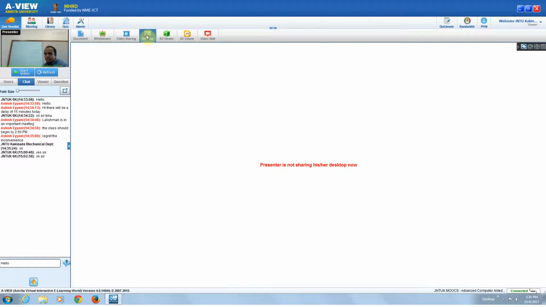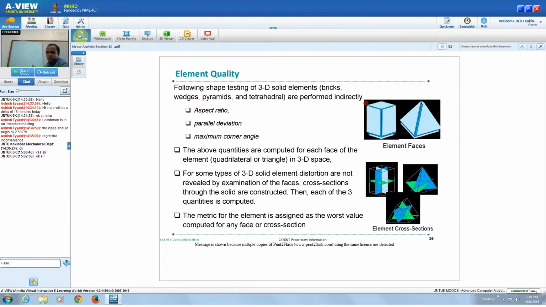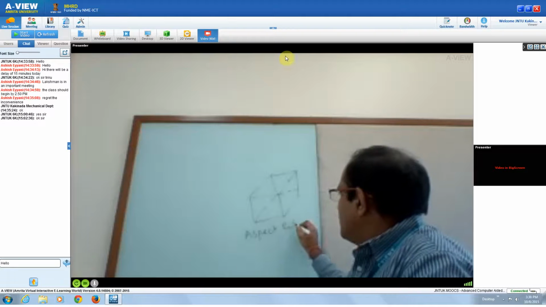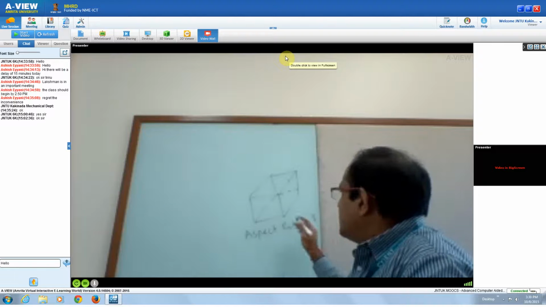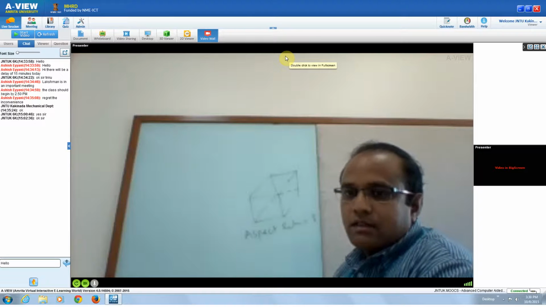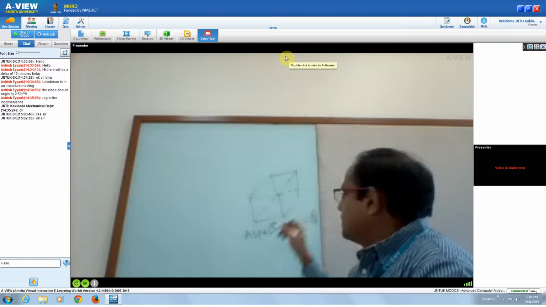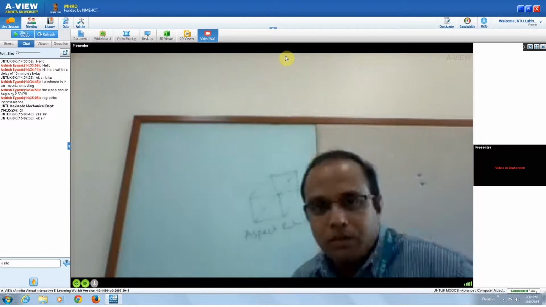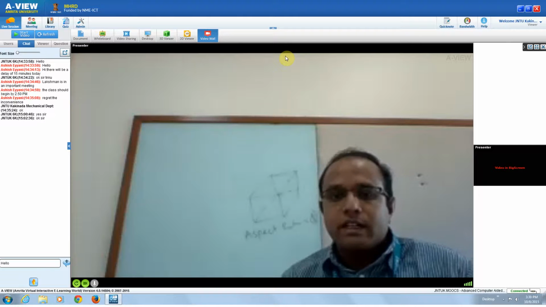So if it needs to check aspect ratio, each face will give a value, so 8 faces, 8 values, right? So what it does is take the worst of the 8, the worst shape of the 8 faces.